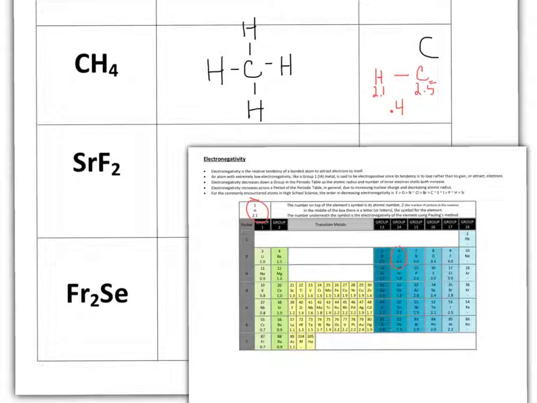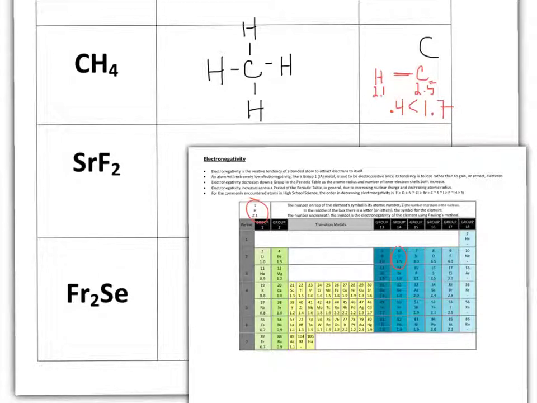All right, so we said that if there is a difference in electronegativity of less than 1.7, then that type of bond, and now I'm talking about the bond, not the whole molecule, but just that bond, the difference is less than 1.7, therefore it is a polar covalent bond.